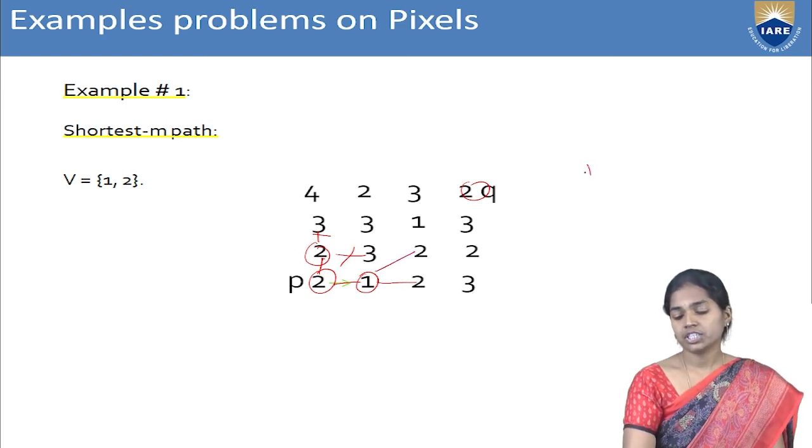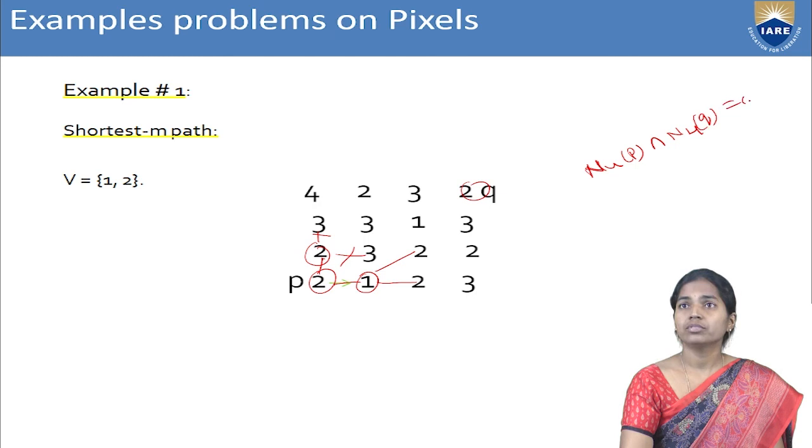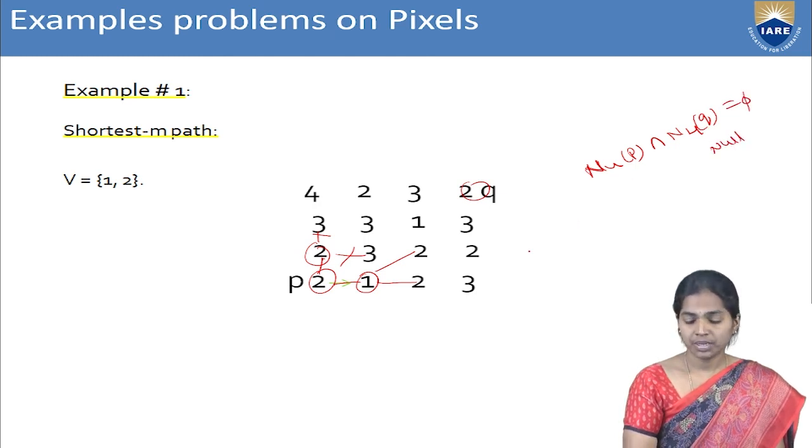But in our M adjacency, one condition is there: N4 of P intersect with N4 of Q equals phi, means null. Then M path exists. But here when we choose this point, the common point is there on this path.